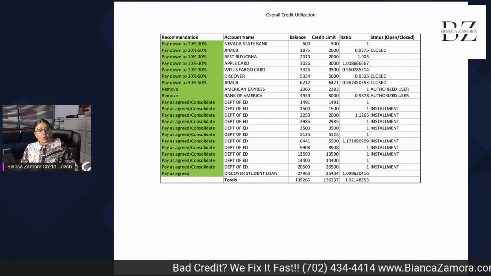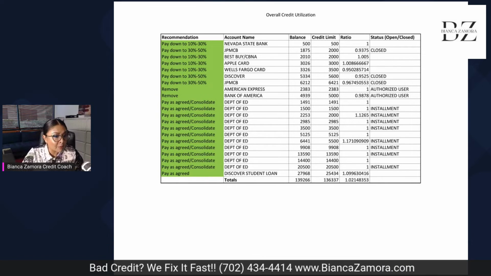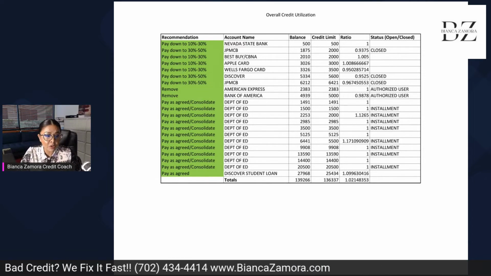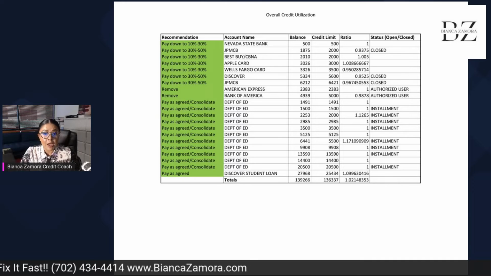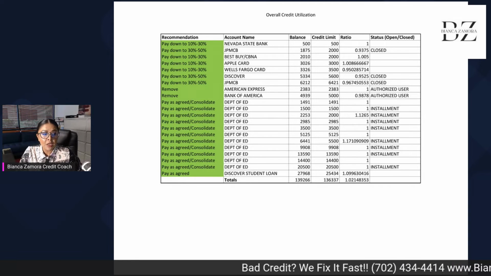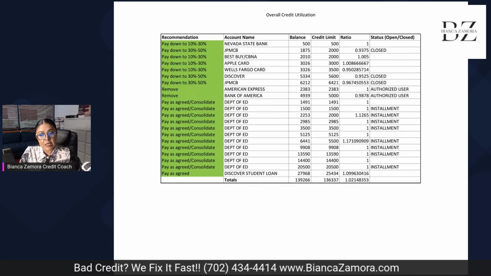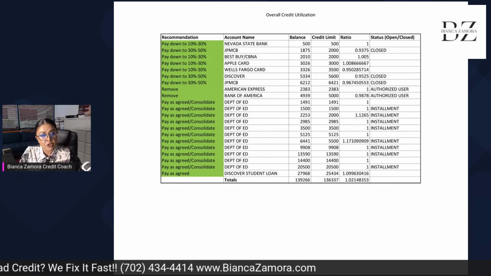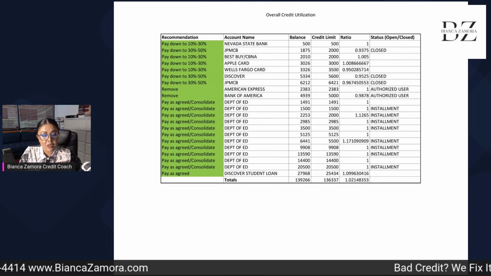Ideally, you want to be at or below a 10% credit utilization on each account. If you can't get to 10%, at least you've got to be under 30%. Anything more than 30%, you're just not going to see a huge change in your credit score, because that debt is going to affect 30% of your score and keep your scores low.